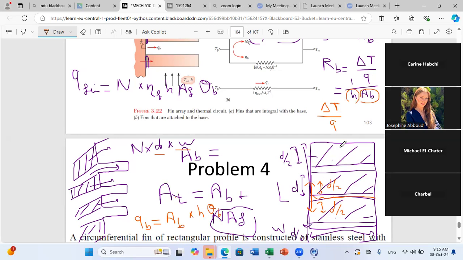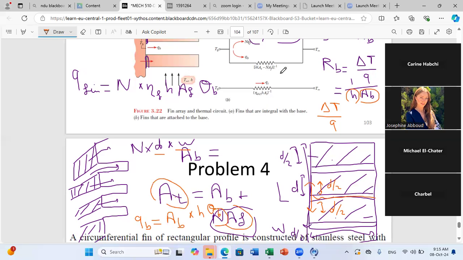Or you calculate it from the figure here, or you can say also that A base not covered is A total of heat transfer minus the number of fins times the frontal area of fins. So that's why the resistance at base can be calculated as 1 over H times (A total minus N AF).